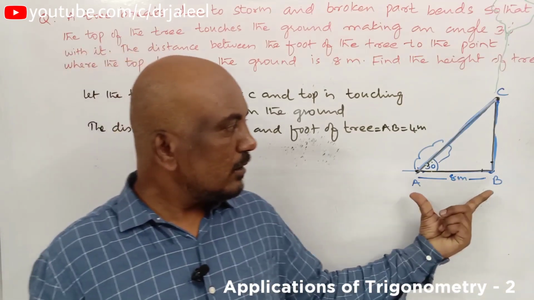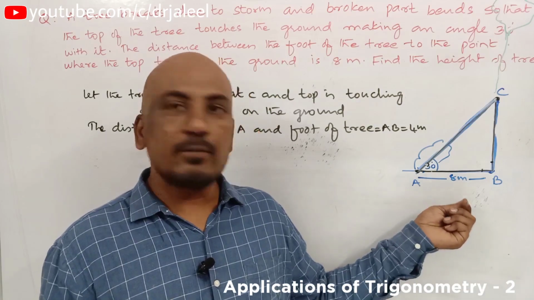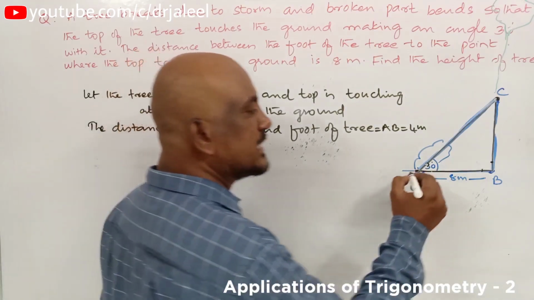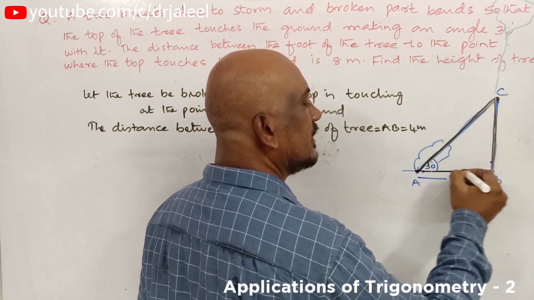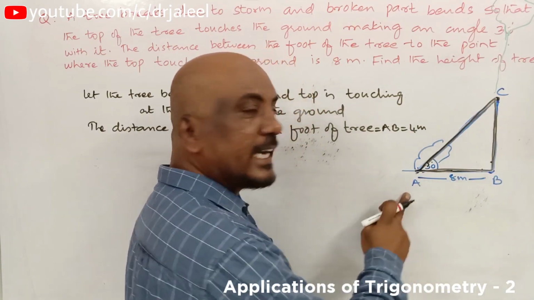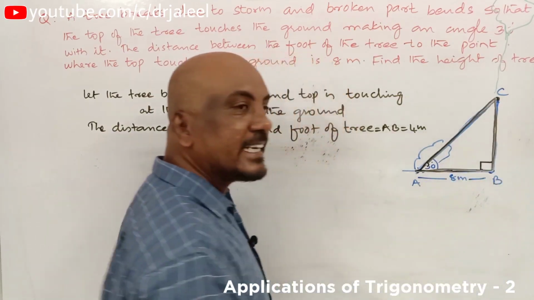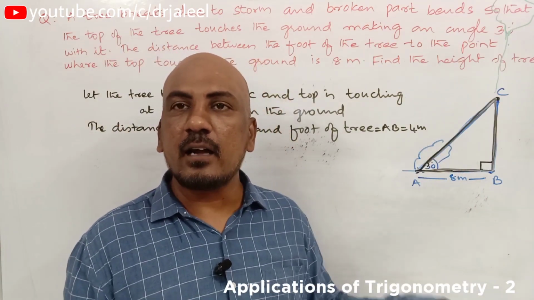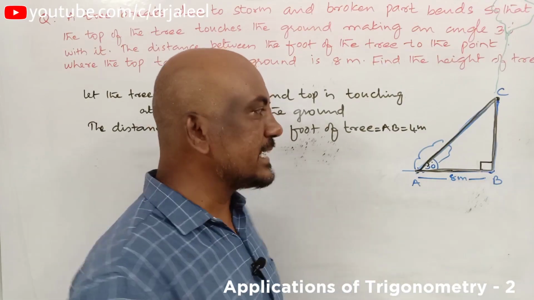So now you have described the figure and we will get into applications of trigonometry. What is the triangle that you found here? A, B, C, and this is right angle at B. So in this right angle triangle, now you can apply trigonometric concepts. Let us first name the sides.